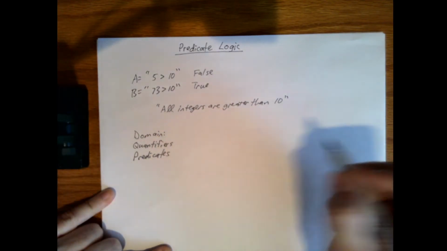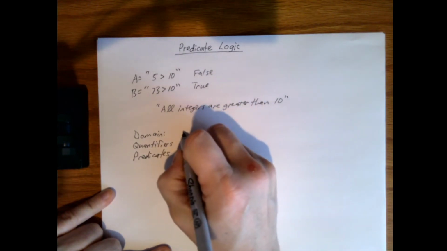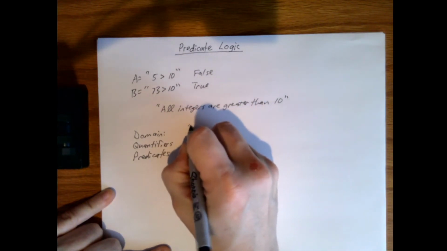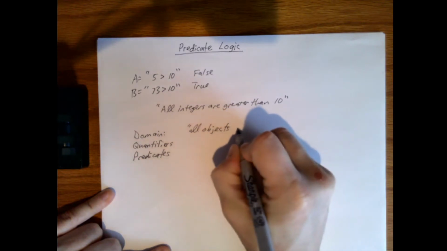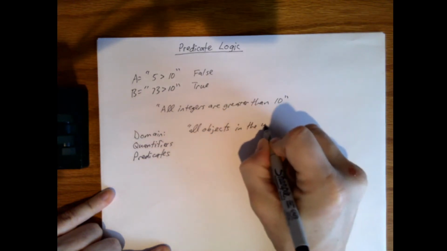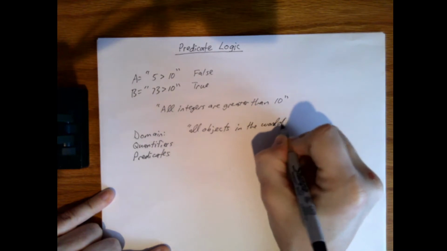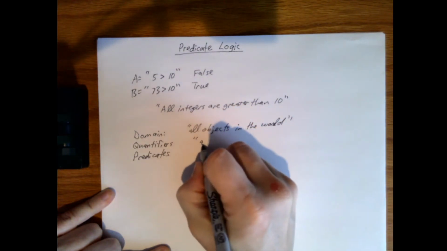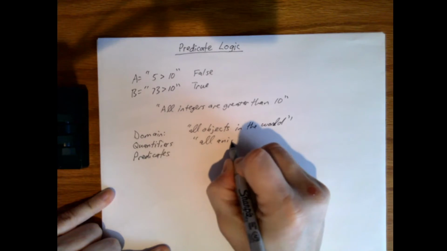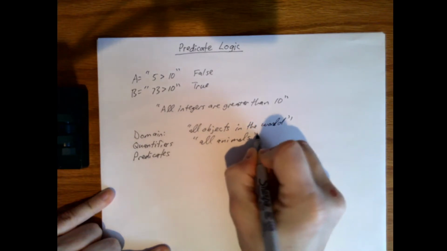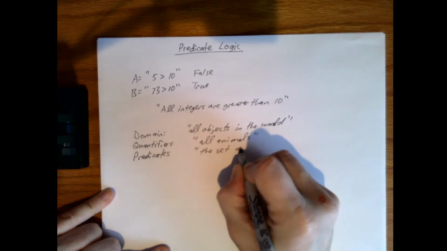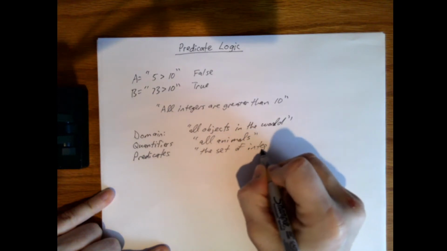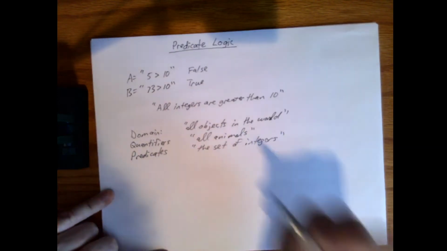So the domain could be something like all objects in the world, all animals, the set of integers, and so on.